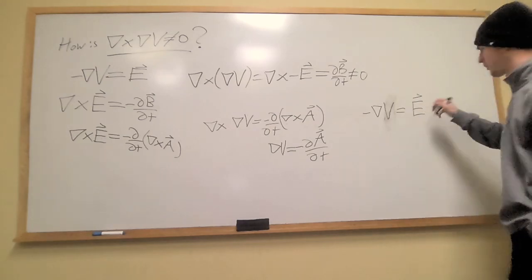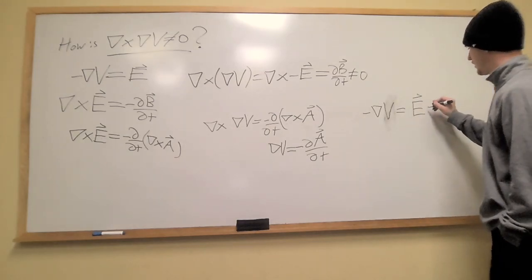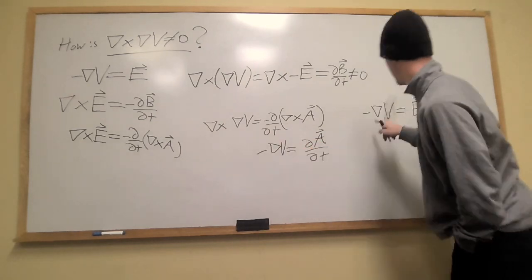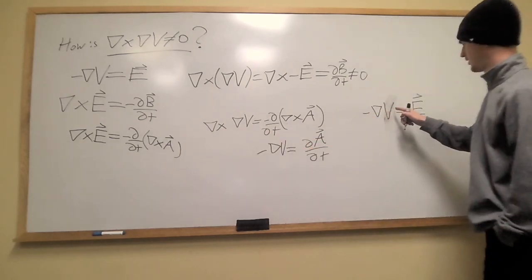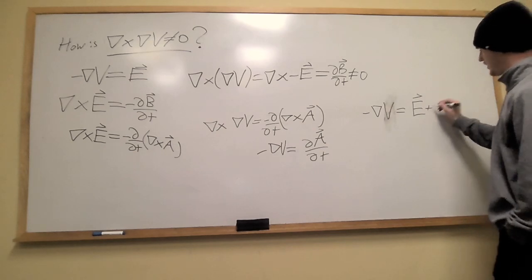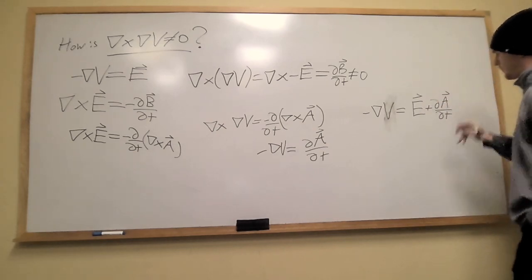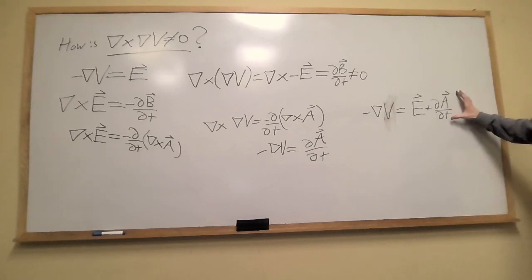So we would know that E, and we'll change the sign on this, minus the gradient of voltage equals E plus partial A partial t. And this is the term that can survive all of the spatial derivatives.